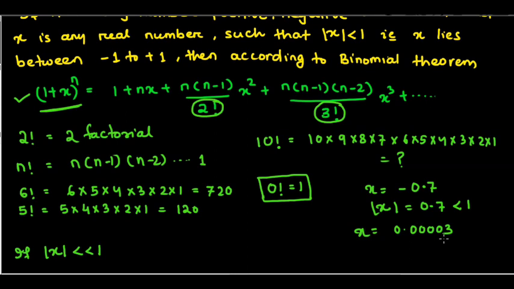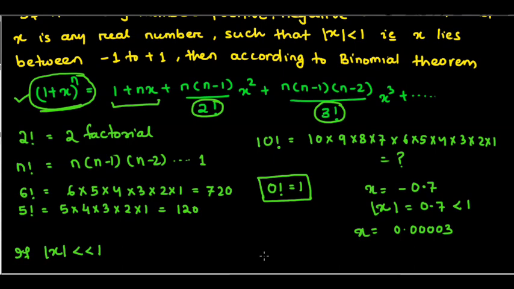So in that case, while expanding 1 plus x whole to the power n, we have to consider only the first two terms, because the higher powers of x, like x to the power 2, x to the power 3, and the next term x to the power 4, will be very negligible.